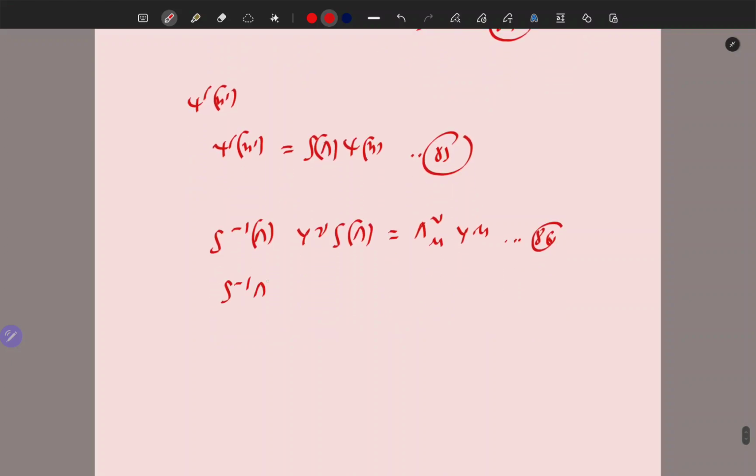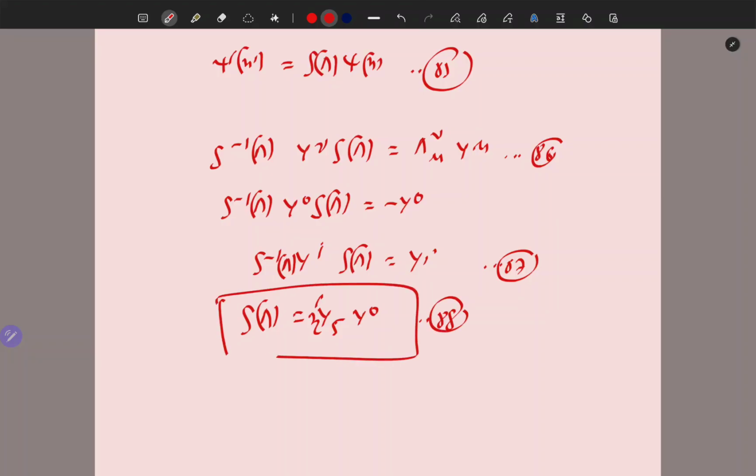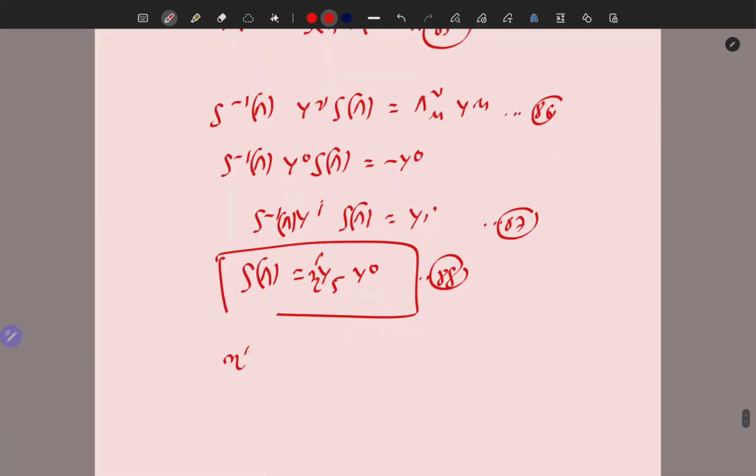This gives S^-1(Λ) γ^0 S(Λ) = −γ^0, and S^-1(Λ) γ^i S(Λ) = γ^i, which is equation number 87. A choice is S(Λ) = η' γ^5 γ^0, which is equation number 88. So we choose S(Λ) like that, with |η'|^2 equal to 1.